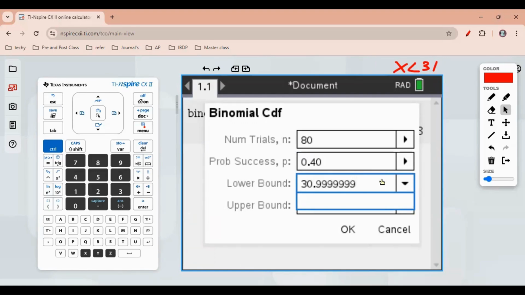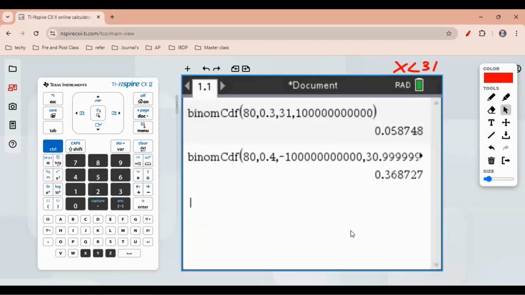This is our upper bound. And the lower bound is still negative infinity. So negative and some big number can be given. Don't give like 1,000 or 10,000. Try to give a big number. And the upper bound is 30.99, but not 31. That's it.